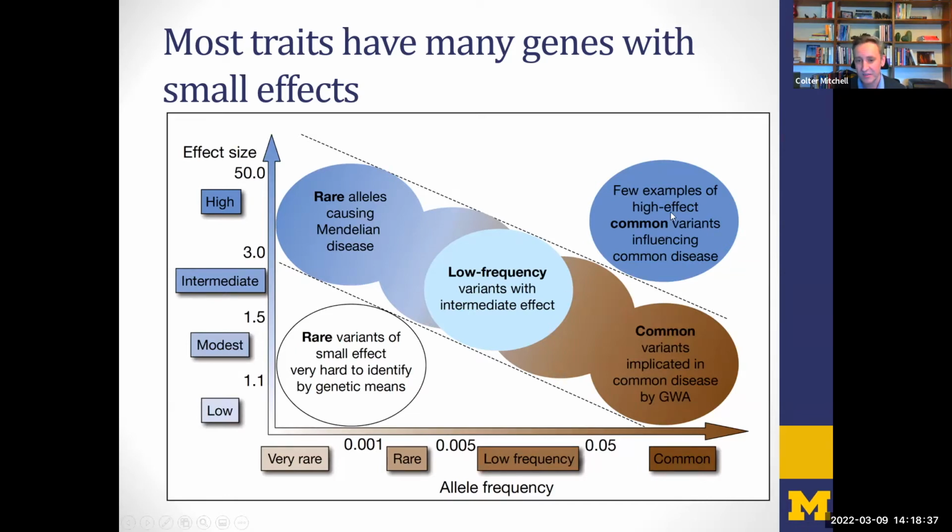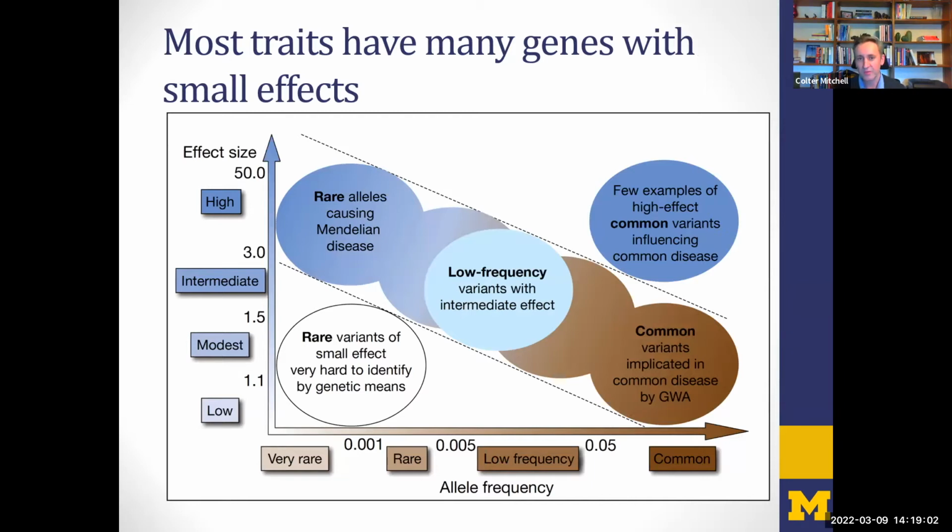And very large effects of common variants eventually would be selected out of the population through natural forces. So anyway, keep that in mind. We're looking for lots of genetic variants combining to explain the genetic variation.